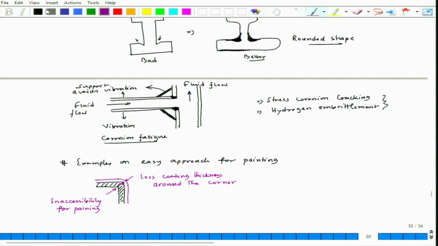The modification comes in this fashion, again putting a bend. So, that will allow uniform coating thickness all over the surface. So, here the coating will be uniform, because we are getting access to those corner portions equally, uniform coating.